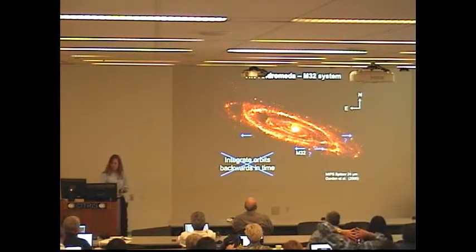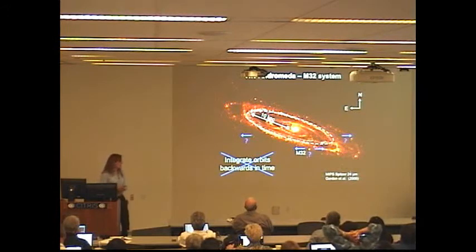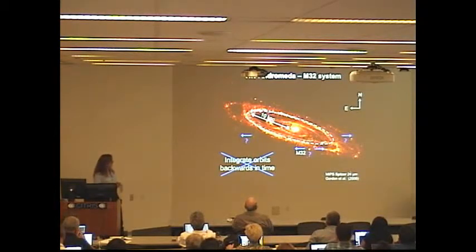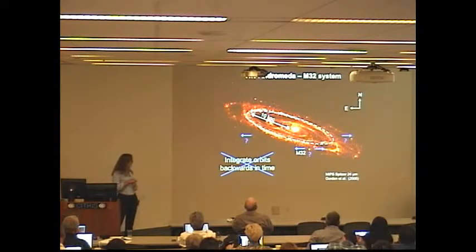What do I mean by that? If you look at the disk of Andromeda, you can't help but notice these really prominent rings, at a radius of about 10 kiloparsecs. And there's arguably some rings here, and on the outer edges too. And they're believed to be the result of a collision.